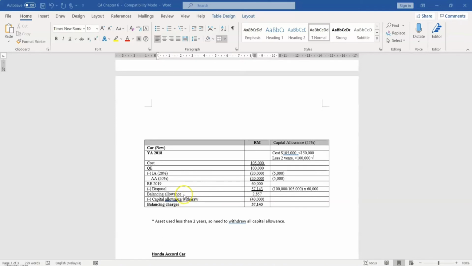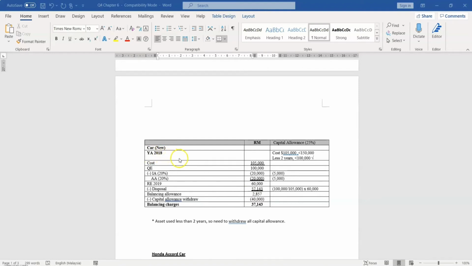And then because the car is a new car purchased within 2 years, not exceeding 2 years, we need to withdraw the capital allowance amounted to 40,000, because the capital allowance is this. And then we will get the balancing charge 37,000.